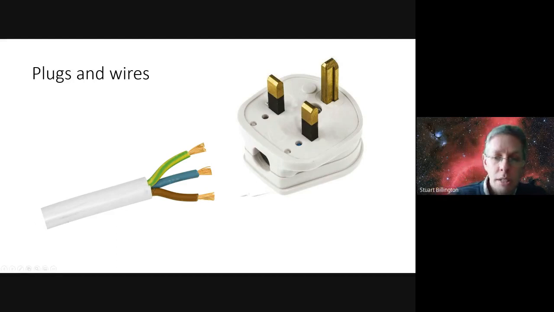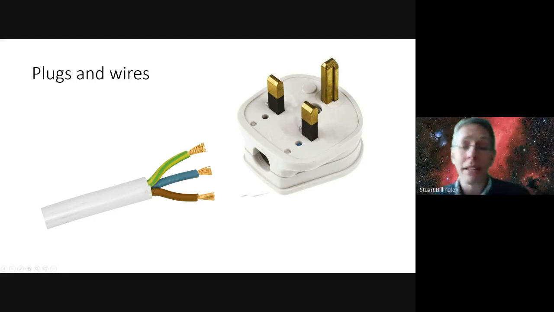Also notice the plastic that's been wrapped around these bottom two pins. The end of the pins have been left exposed, but the bits that aren't actually going to do any connecting to anything have been wrapped in plastic. And that's so that if you've got little fingers, like when you're a tiny little kid, if you're plugging a plug in, you might accidentally reach your fingers around the back of the plug between the plug and the socket.